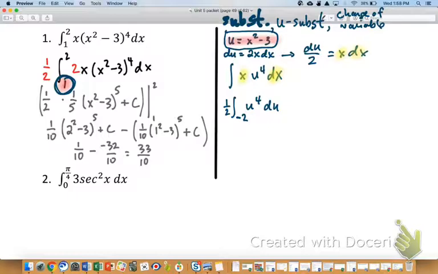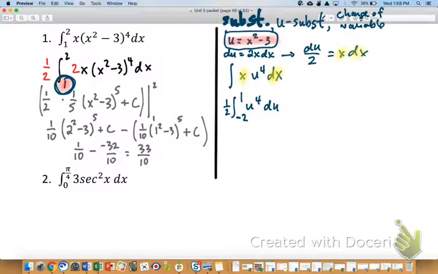What's 1 squared? 1 minus 3 is -2. Does that make sense? So if x is 1, u is -2, but the old high limit was 2. So if x is 2, u is 1. Watch this. This is going to come together really, really nicely.